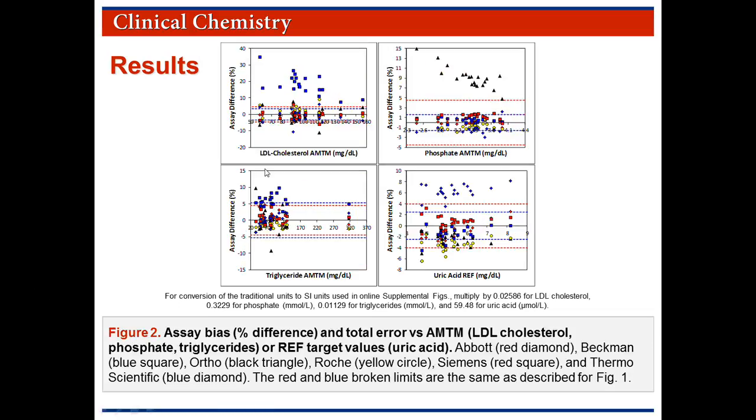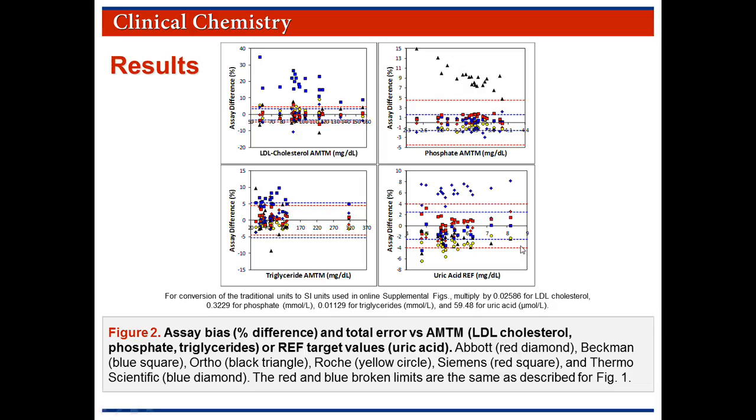So in this one here, we've got LDL cholesterol, phosphate, triglycerides, and uric acid. If we look at the LDL cholesterol, there's a problem with the Beckman and the Ortho assays. The Ortho is the black triangle, and then the blue square.